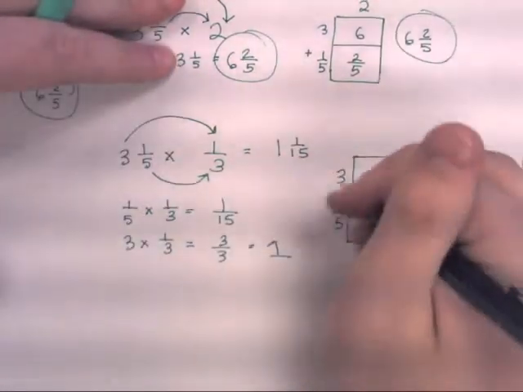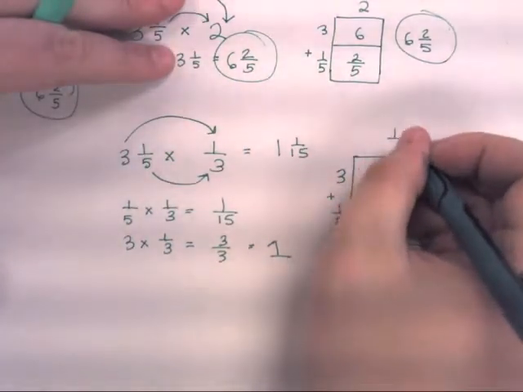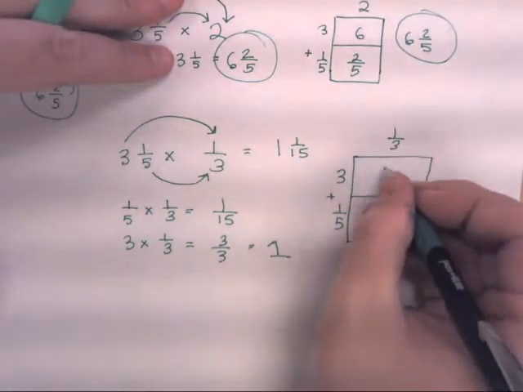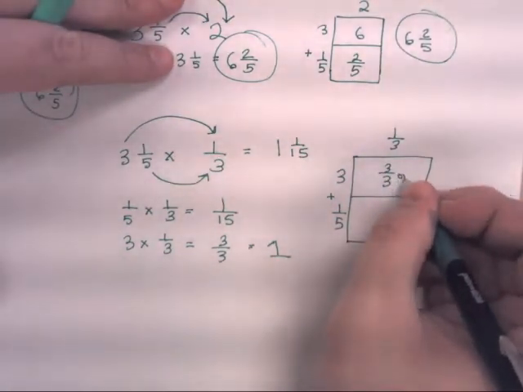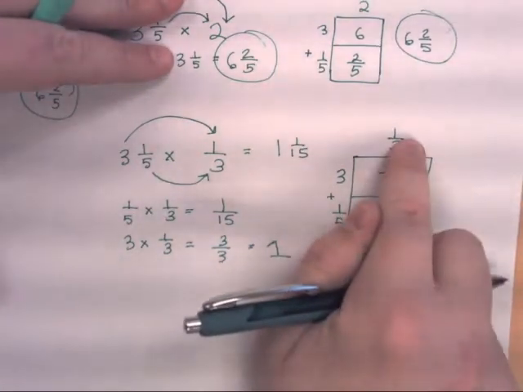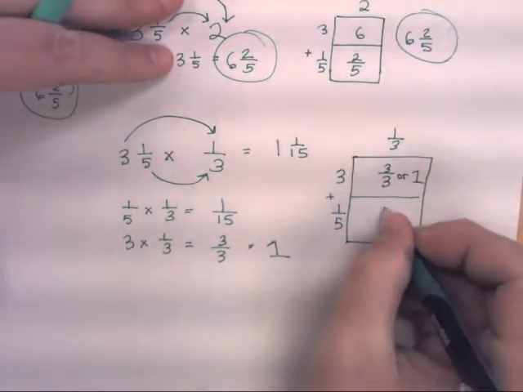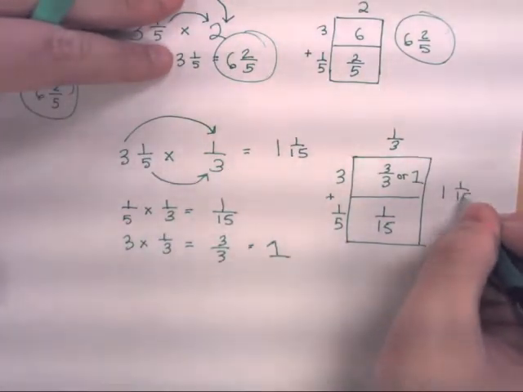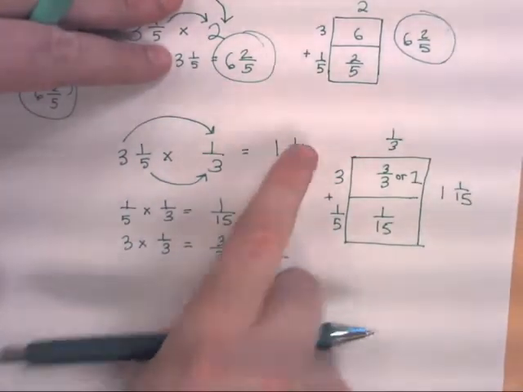And then multiply both of these factors by the other factor 1/3. 3 multiplied by 1/3 is 3/3, or the number 1. 1/3 multiplied by 1/5 is 1/15. Add your partial products. You end up with the same product we did before.